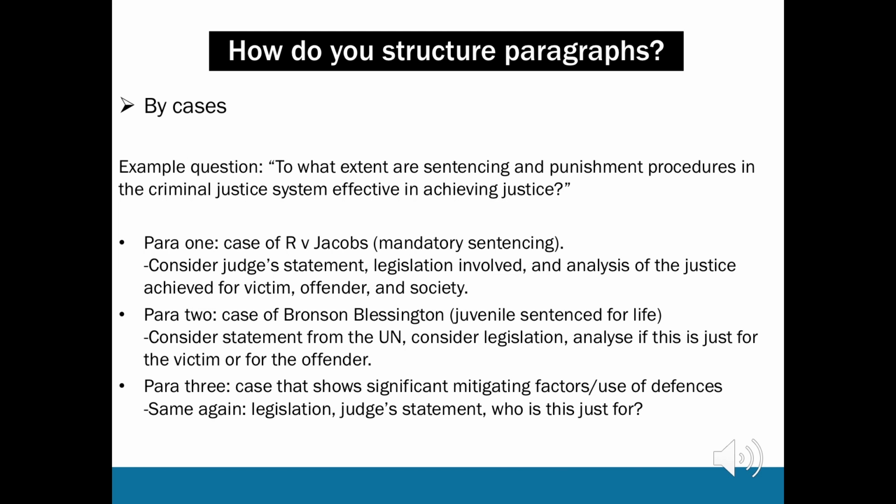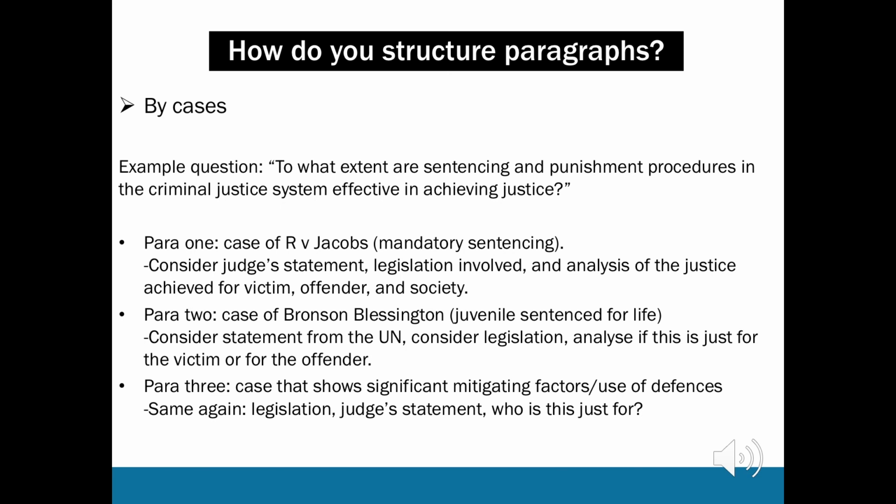So I'm looking at R v Jacobs, which is the case of mandatory sentencing, life imprisonment for murder of a police officer. It's a New South Wales case. So I consider the judge's statement, the legislation involved, and I'll analyse the way justice was achieved for the parties of the crime. And that's the way I'm going to look at mandatory sentencing for that paragraph.